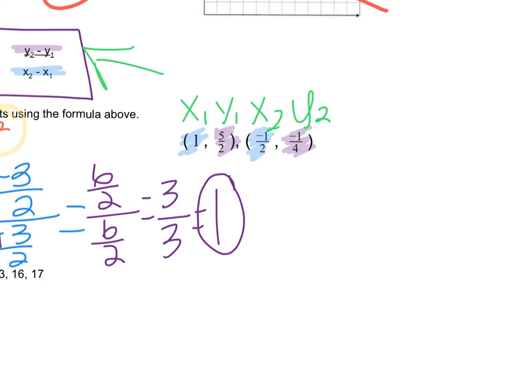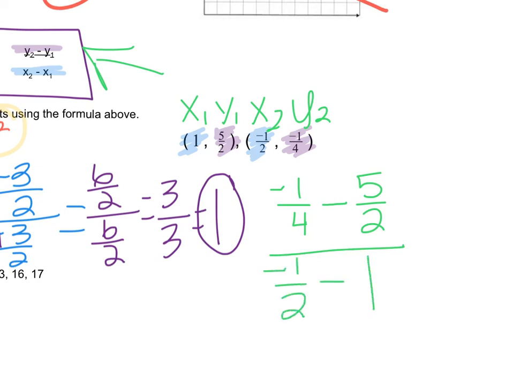Okay, so our y2, negative 1 over 4 minus 5 over 2 over negative 1/2 minus 1. Okay, if it helps you, you can keep, change, keep, change, and then you can just plug them into your calculator now that you guys are able to use those. So go ahead and do that, and then we'll check our answers.